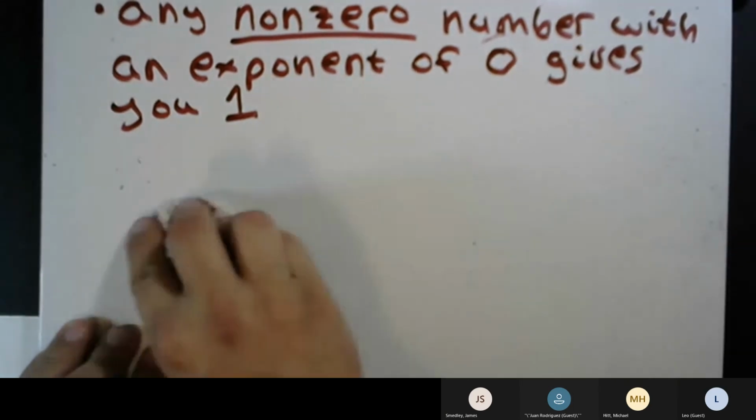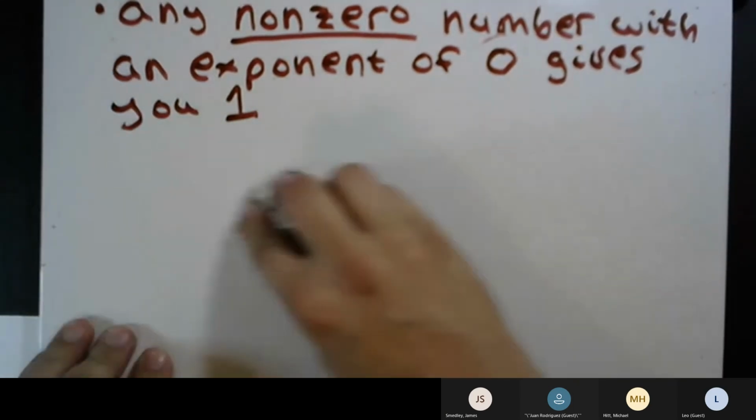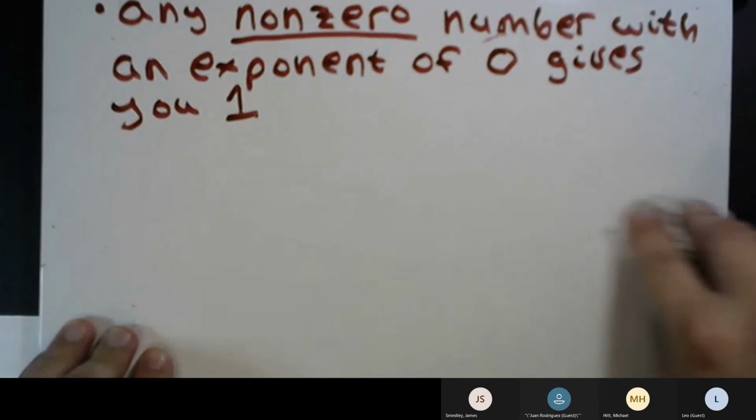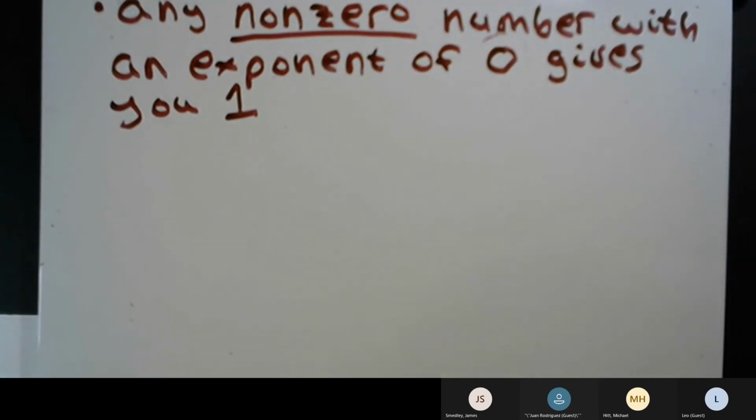That's kind of unusual, I'll admit. But that's what it is. Any non-zero number with an exponent of 0 gives you 1.